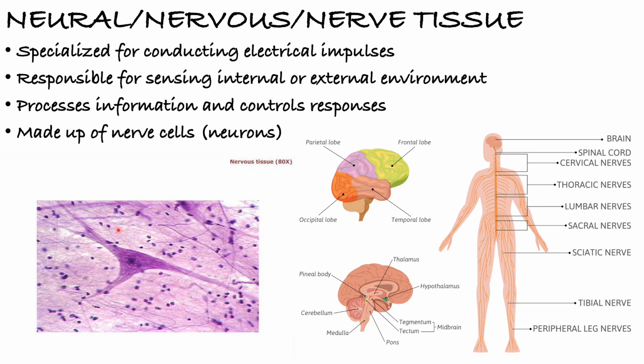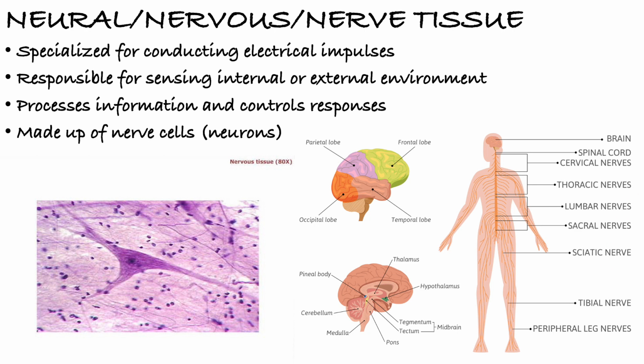I'm going to show you a diagram of it, but there are certain parts of the nervous tissue, which is going to be the cell body. So this is a nerve cell that we're looking at here. A whole bunch of nerve cells becomes a nerve tissue, and we're going to find them in the brain, obviously, in the spinal cord, and the nerves that are basically extensions of both the brain and the spinal cord.